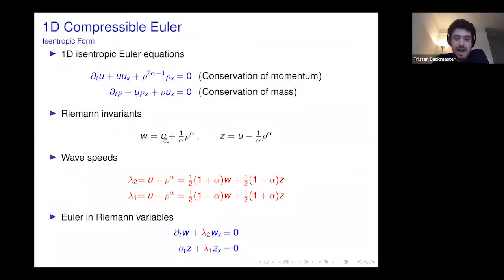So if you add and subtract 1 over alpha times the density to the power of alpha from the velocity, then you end up with just a transport equation, where there's lambda 1 and lambda 2 wave speeds associated with the two Riemann invariants. This is nice because it means there's no loss of derivative, you just end up with a transport equation.